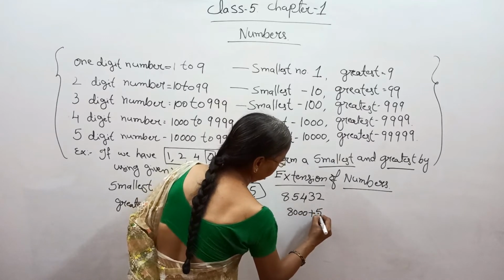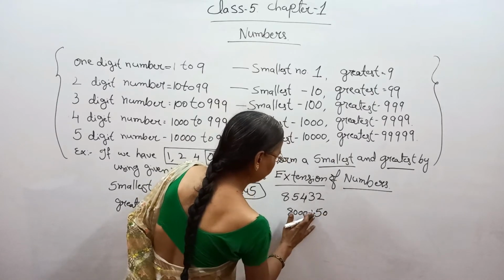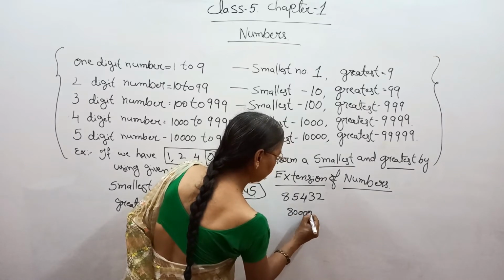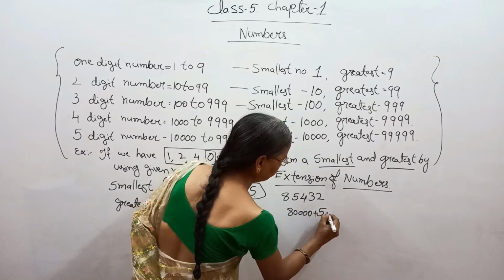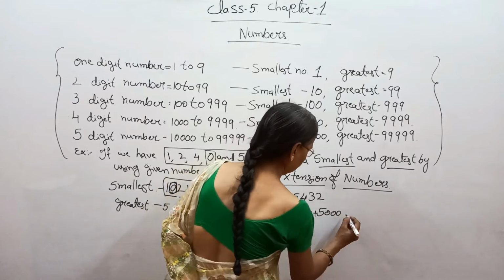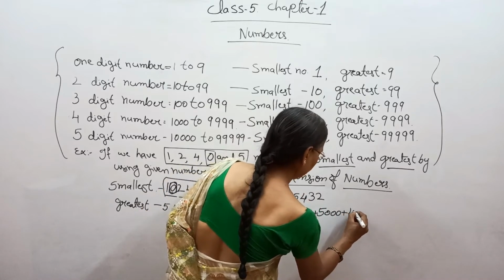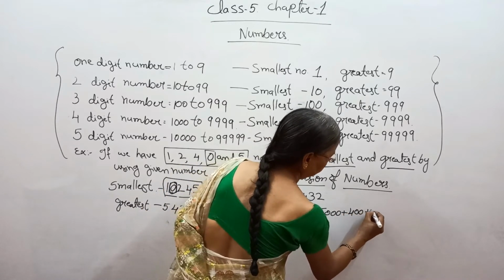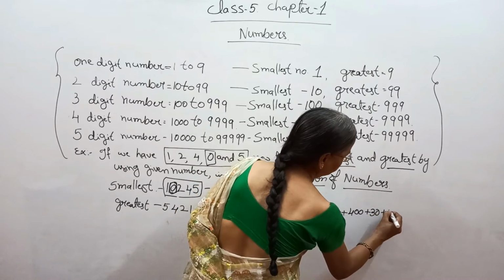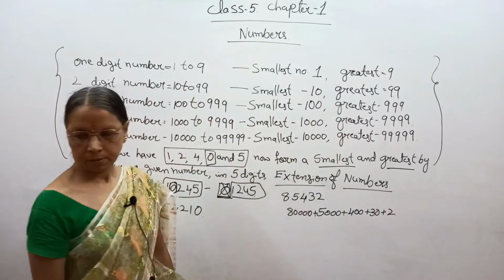80,000 plus 5,000 plus 400 plus 30 plus 2.